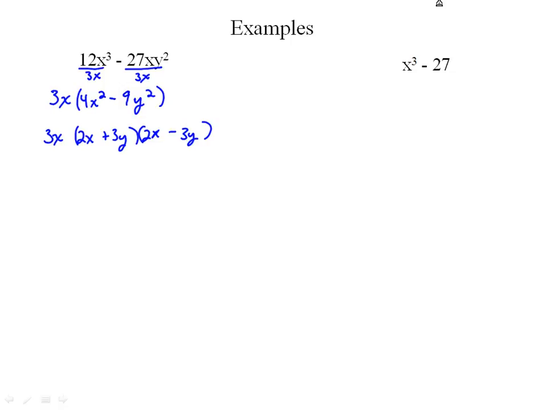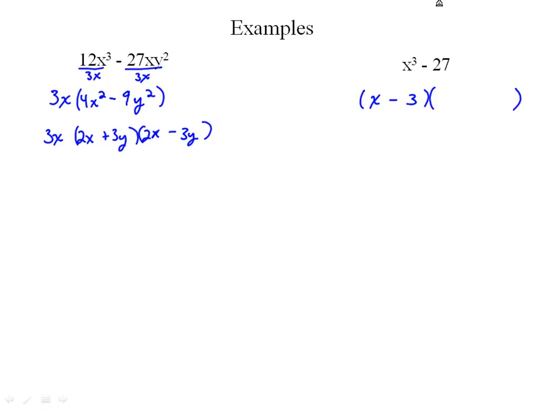So, all right, on the right, I have the difference of two perfect cubes. So the first thing I want to do is take the cube root of x to the third, which is x, use the same sign, and take the cube root of 27, which is 3. Once you've taken the cube root, forget about that original problem. Don't go back to the x to the third minus 27.